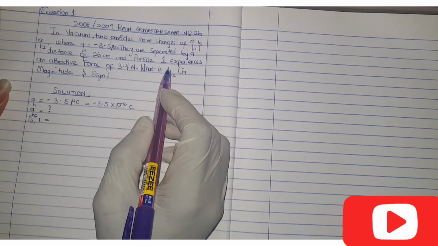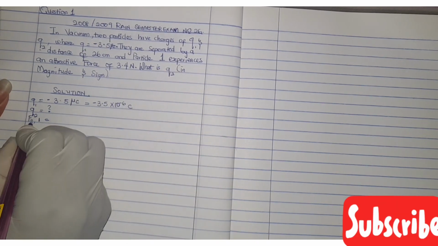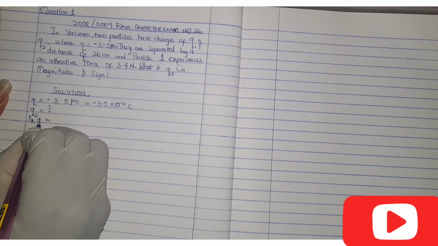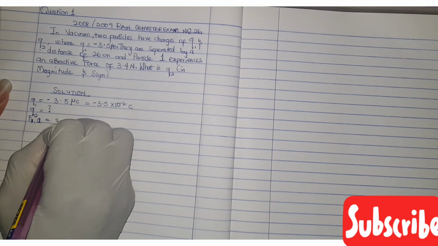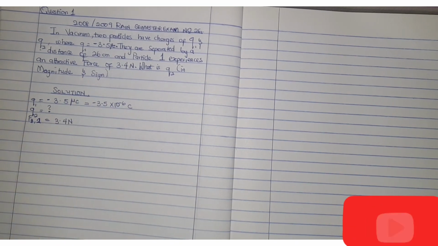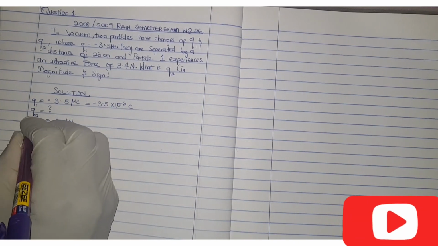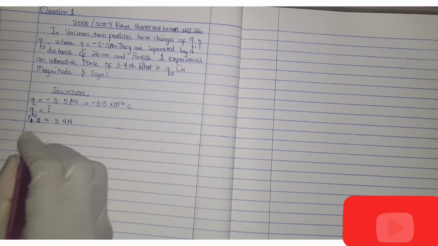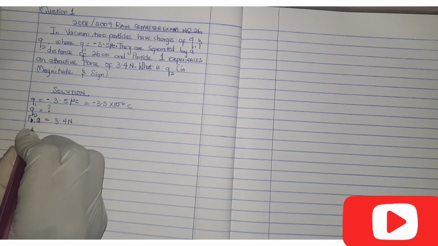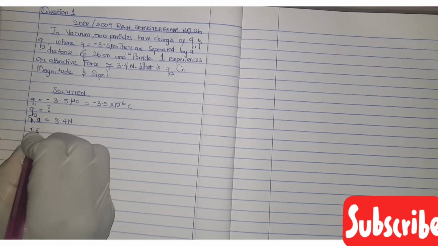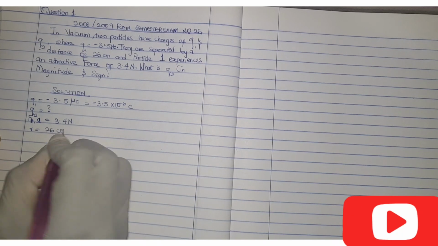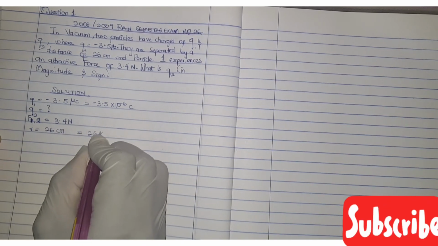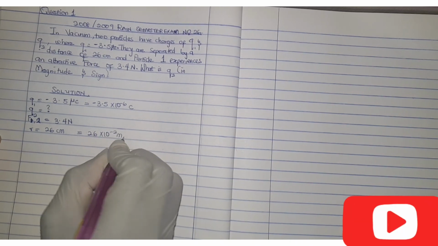They already gave us that the force, which is 3.4 Newton. And the distance between them, R, is 26 centimeters, which is the same thing as 26 times 10 raised to the minus 2 meter.